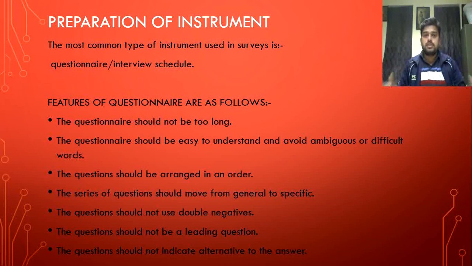General means which is equal for all. That should be asked first. Then we move to a specific question, like how much you pay for electricity or how much electricity comes to your home. So general questions should be asked first, and then you ask the specific questions. That's the movement of the questions from general to specific.